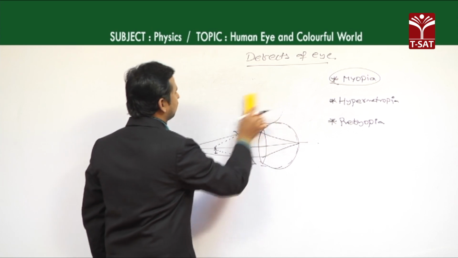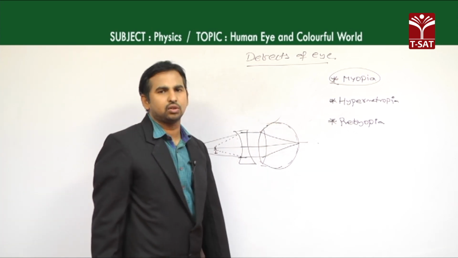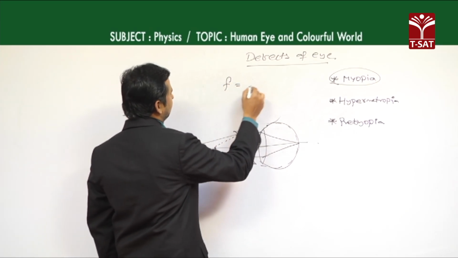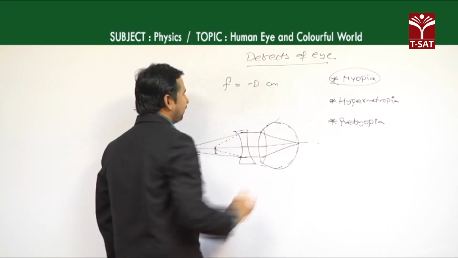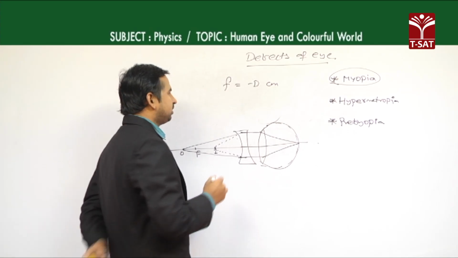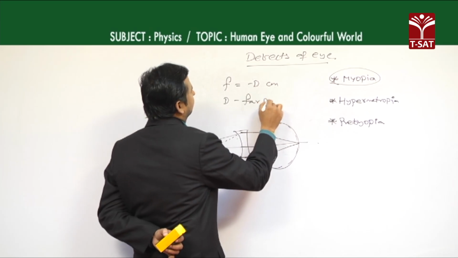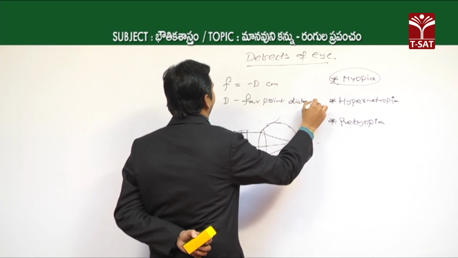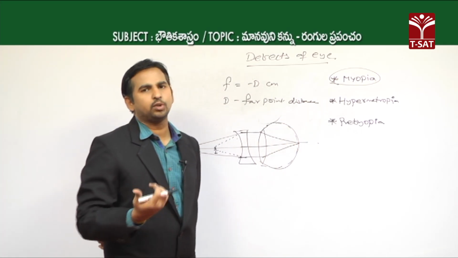As we are using that concave lens to correct this eye defect, the focal length required for this concave lens is f equal to minus d centimeters. And what is that d? D is nothing but the far point distance.